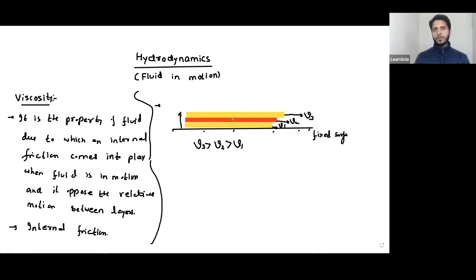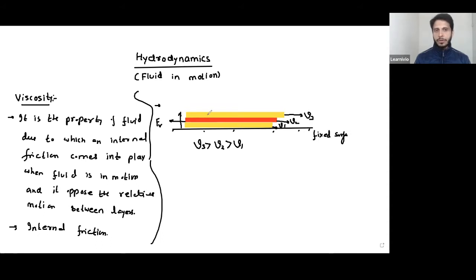So the frictional force which actually opposes the relative motion between the two layers is known as viscosity. This layer will try to slow down this layer. Layer 2 will try to slow down layer 3. So if layer 1 tries to slow down layer 2, that means layer 1 is exerting a frictional force on layer 2 in the opposite direction.